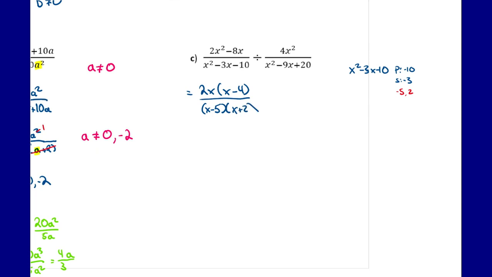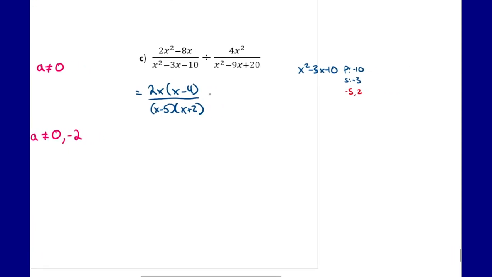and x plus 2. And in the second one, the 4x squared I can't factor out. I'm going to leave it as 4x squared. The x squared minus 9x plus 20, that is a simple trinomial. So let me move this up a little bit.